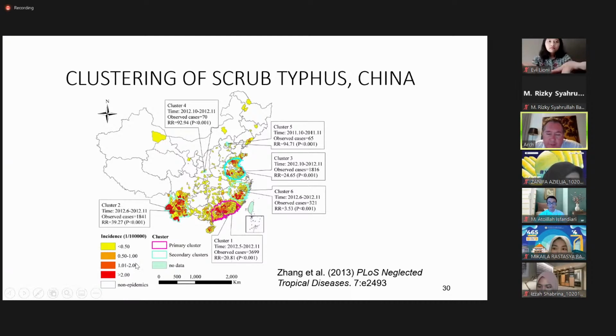And it's defined by a time period, May 2012 to November 2012. From these clusters, we can extract relative risks that tell us how much more likely you are to be a disease case inside the cluster than outside the cluster, and other attributes of the clusters as well, like number of cases, size, etc.